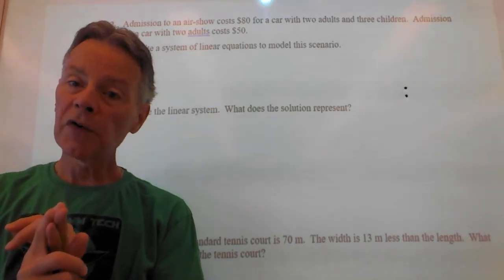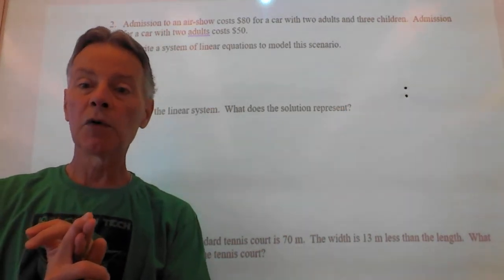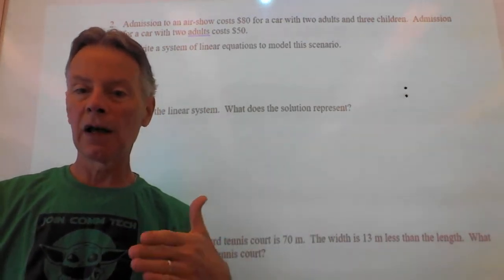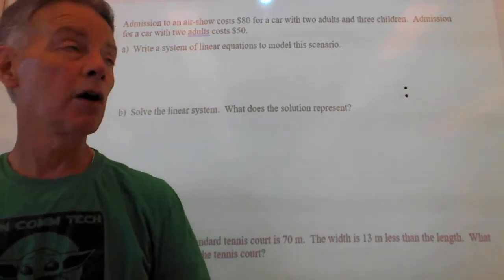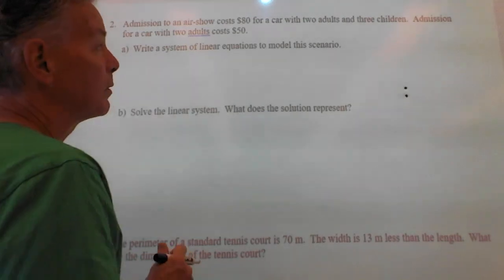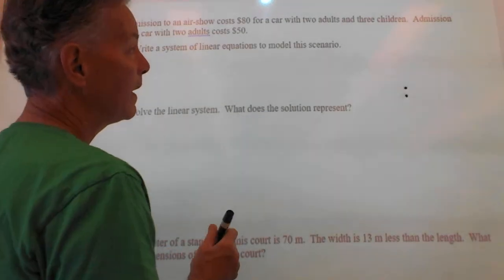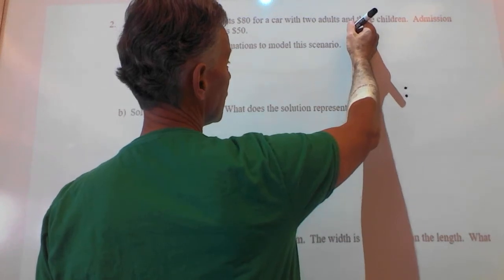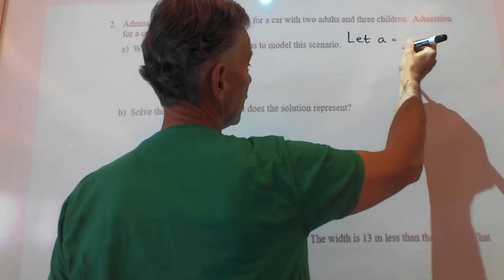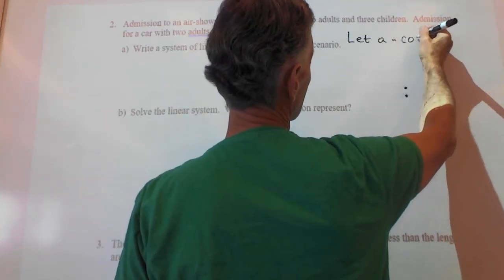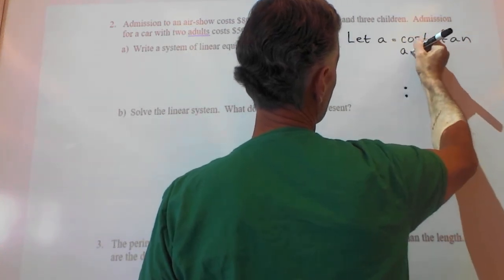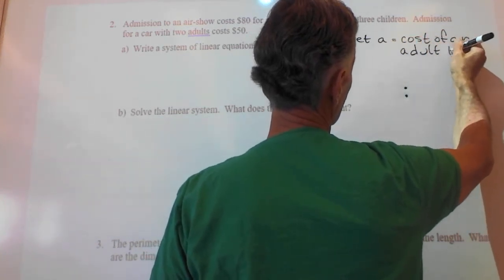Now, much of the time, the word problem will actually tell you what the variables are. Usually it's located in the last sentence of the word problem. In this case, they haven't been quite so kind, but it's a simple problem. So we can set our variables. And what I'm going to say is, let the variable A equal the cost of an adult ticket.